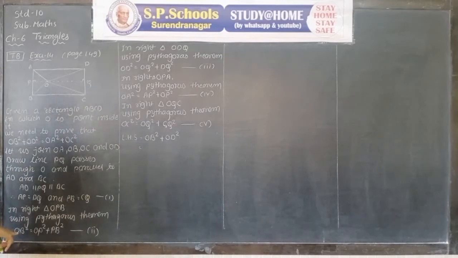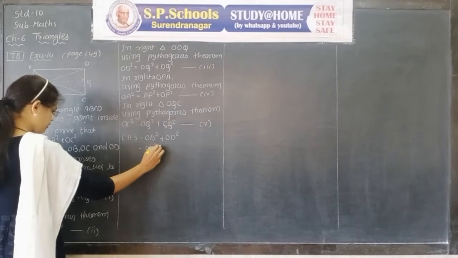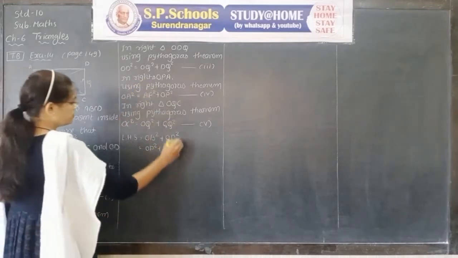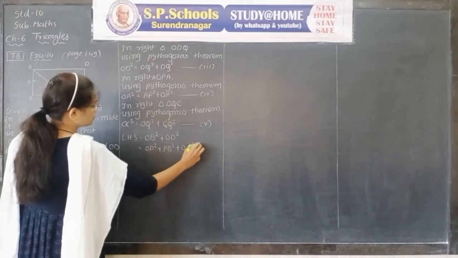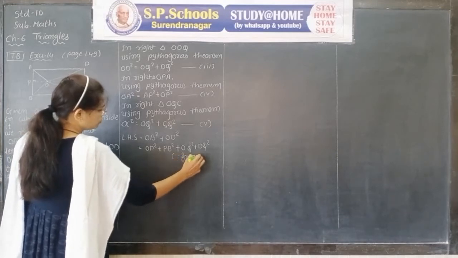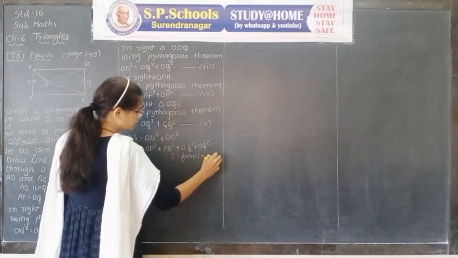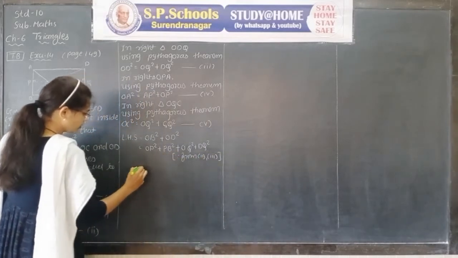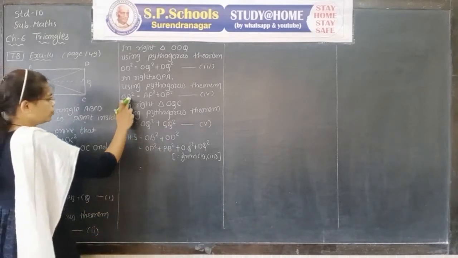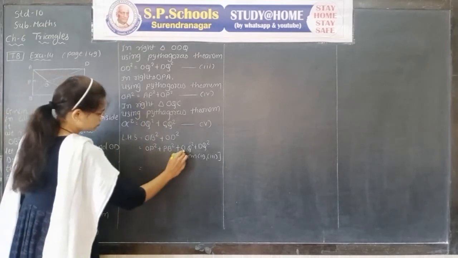But we know OB square is equal to OP square plus PB square, and instead of OD square, OQ square plus DQ square. Reason is from results 2 and 3.